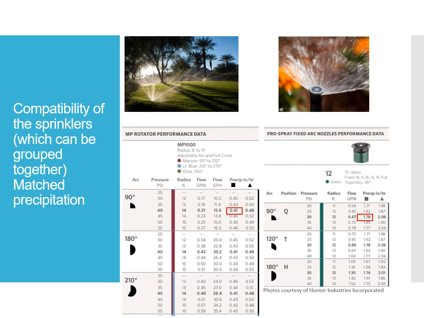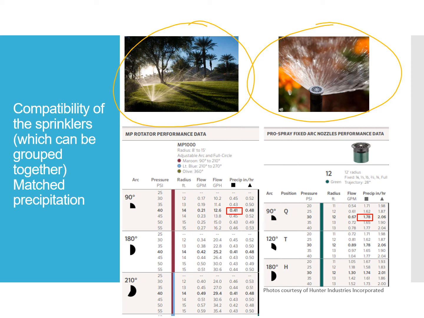So now we're going to talk about compatibility of the sprinklers and which can be grouped together. These are the same charts I had on the last slide, but you can see how they look when they're operating. They're obviously different looking. We have a solid pattern on the right and a multi-stream, multi-trajectory nozzle on the left.